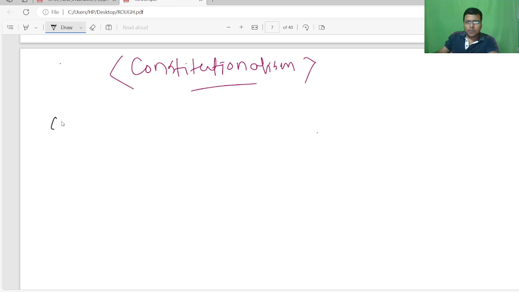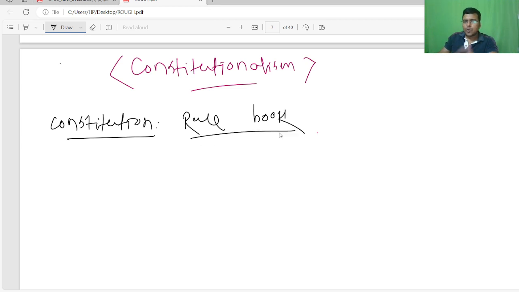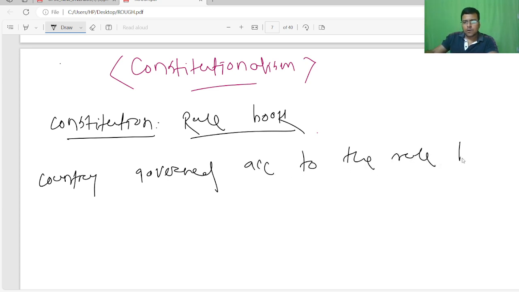Listen, already we knew that the constitution is a rule book, law book, and the country is governed according to the rule book.